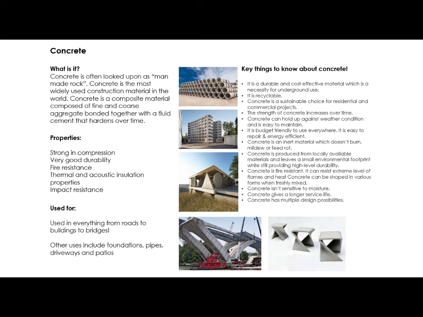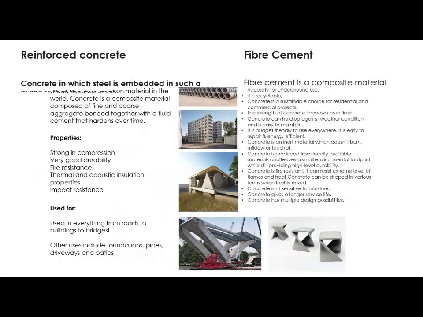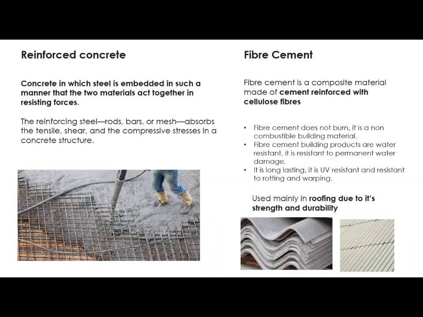And there's a couple more things that you need to know about concrete. There are two other different types that you need to know. There's reinforced concrete, and the picture there is perfect to show you. Imagine metal rods or bars or a mesh that is put into the middle of the concrete and then covered in the concrete, so it sets in the middle. And this just helps to resist different forces.